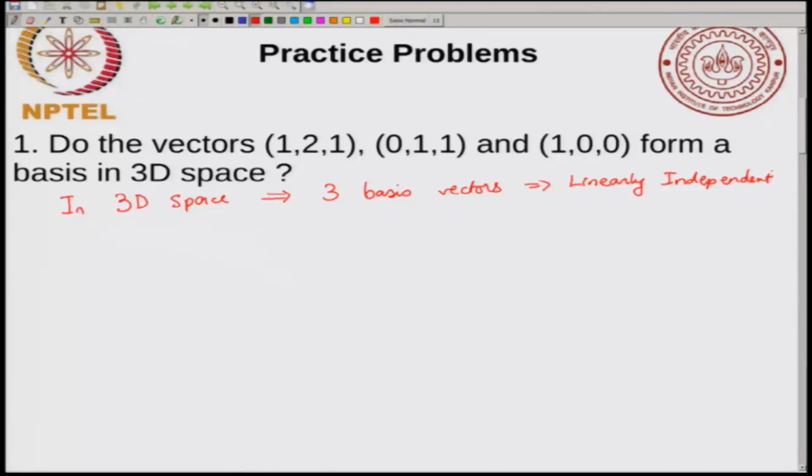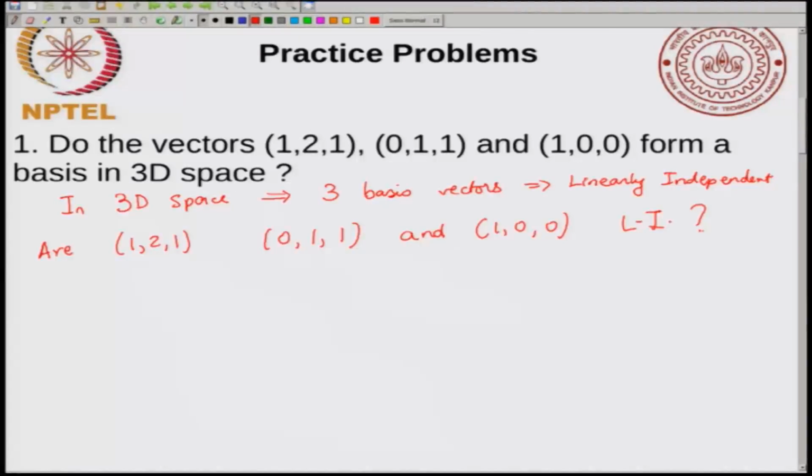So, if you have 3 linearly independent vectors, you can choose them as a basis in 3D space. So, what you have to check is whether these vectors, 1 2 1, 0 1 1 and 1 0 0, are linearly independent. That is the question that we have to answer.